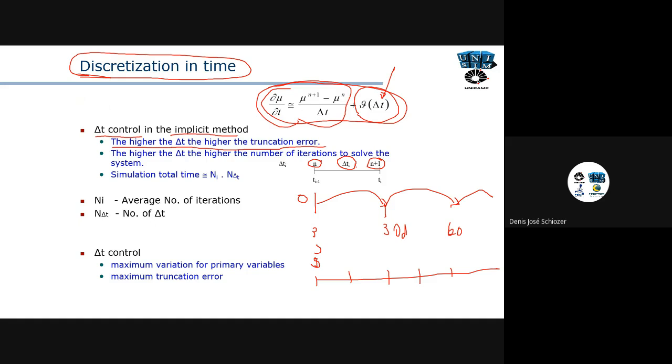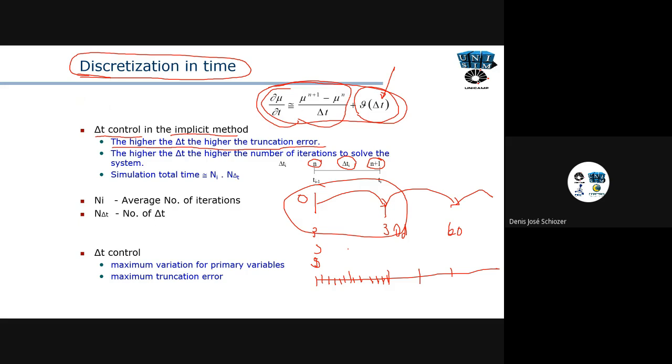But of course, it's going to take almost 30 times more, because if I go from 1 day to 1 day, I have to solve 30 times until I get the solution for 30 days, and here I have to run just one time step. Okay? So this is much faster than this one.